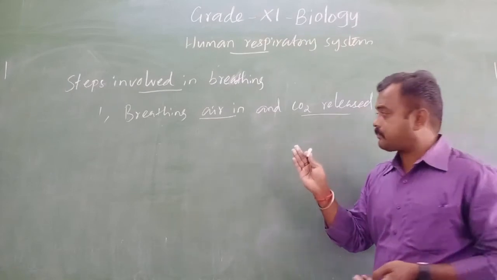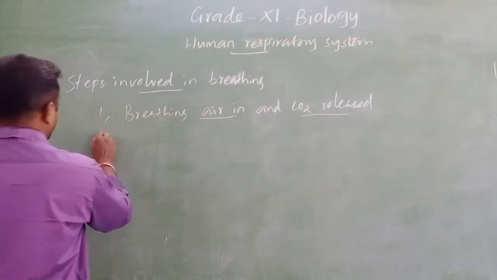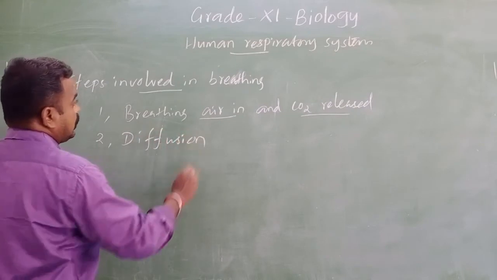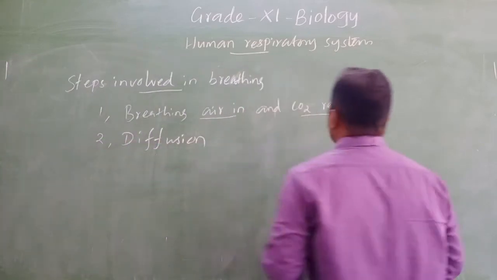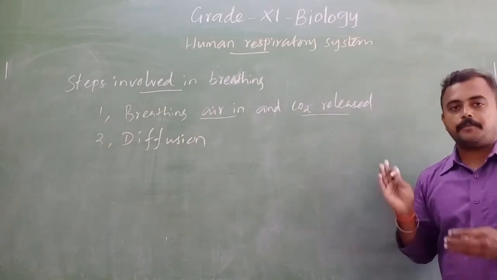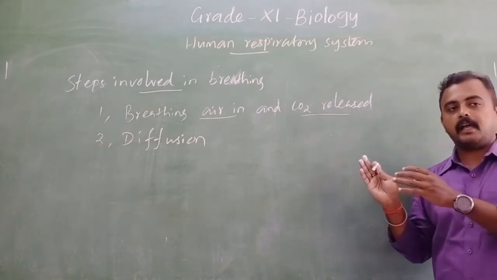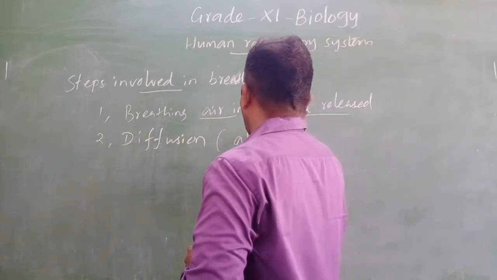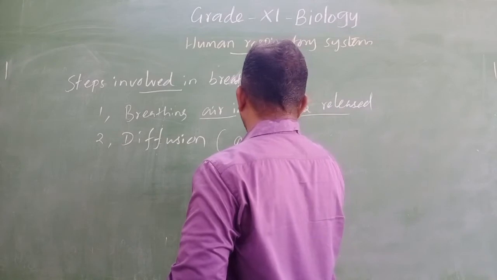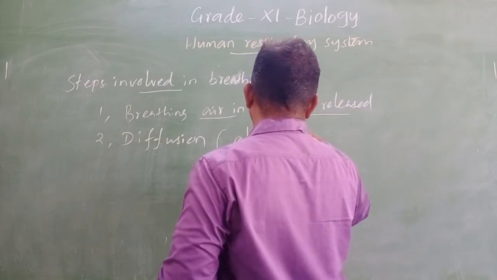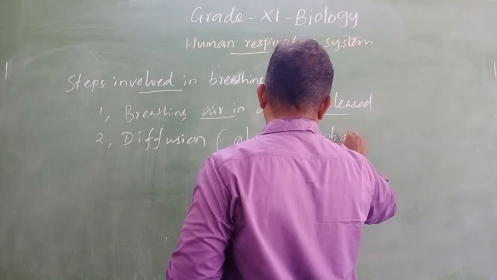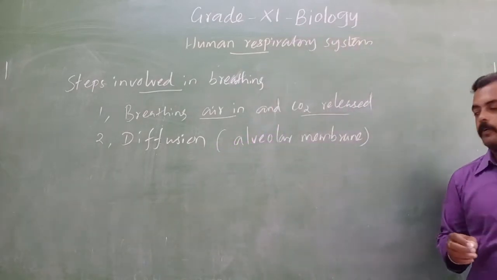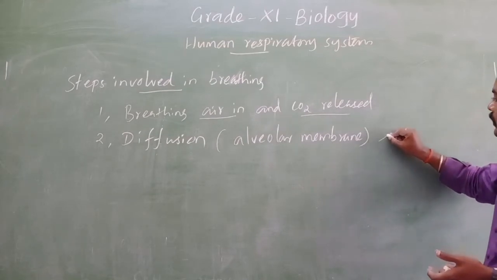Next one is diffusion. Diffusion happens in the alveolar membrane. As I told before, in the tertiary division we have a ball-like structure, that is the alveoli.